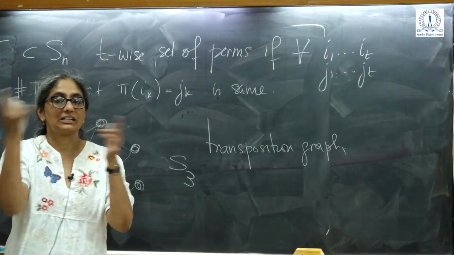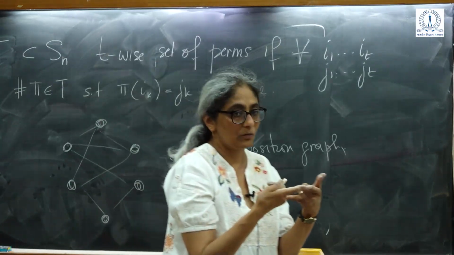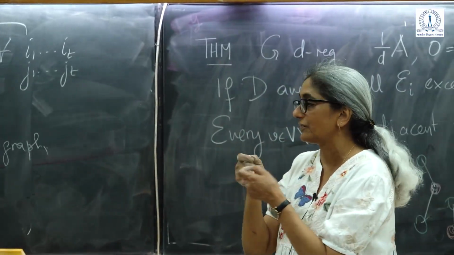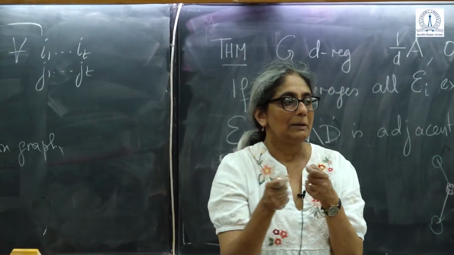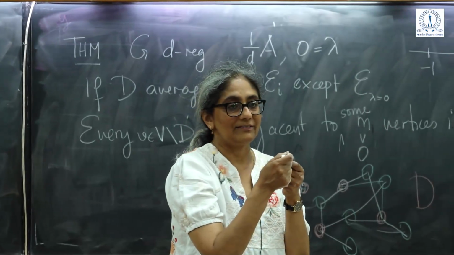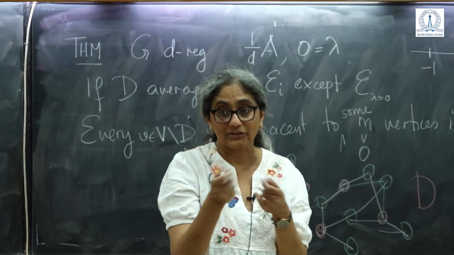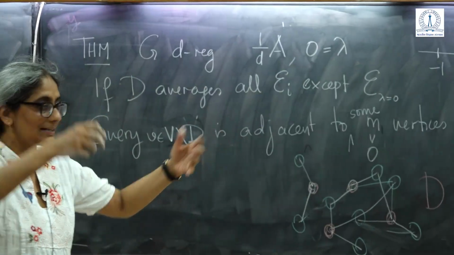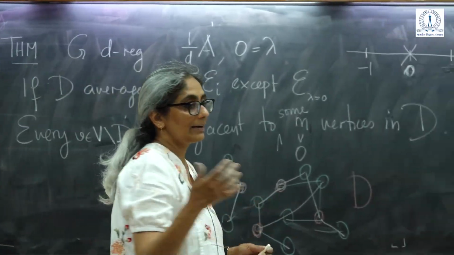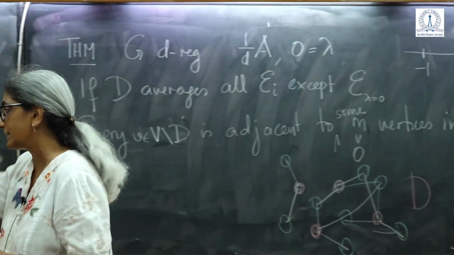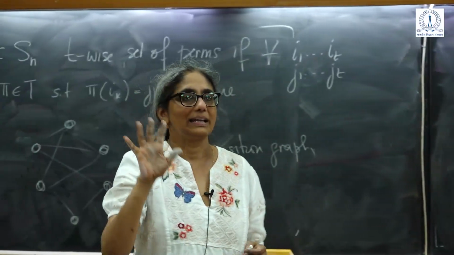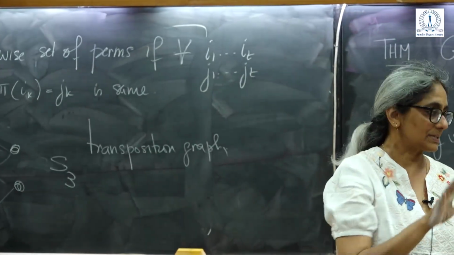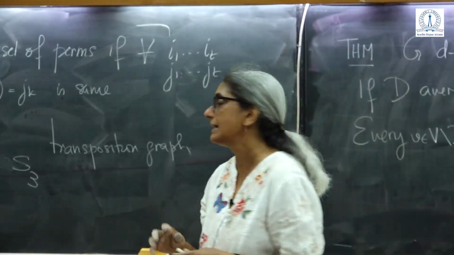But you could also use a different conjugacy class. Transpositions form one conjugacy class, and this connects things that differ only in two places. But you could also connect things that don't have anything in common. That's called the derangement graph. You can pick any conjugacy class. These are called normal Cayley graphs on Sn. People study this, and everything is known about them, their eigenvalues, their eigenvectors. It comes from the representation theory of Sn.